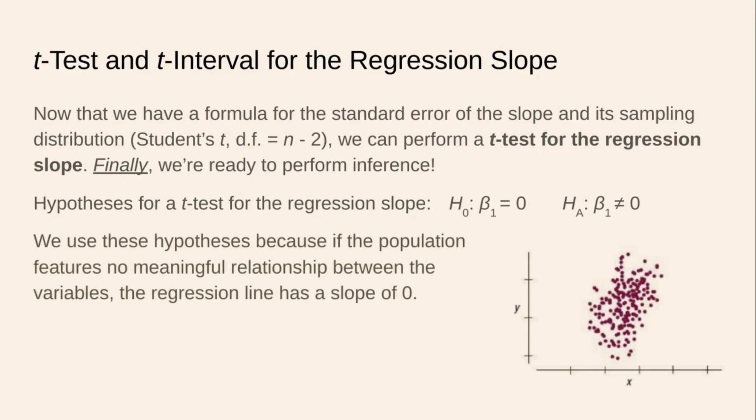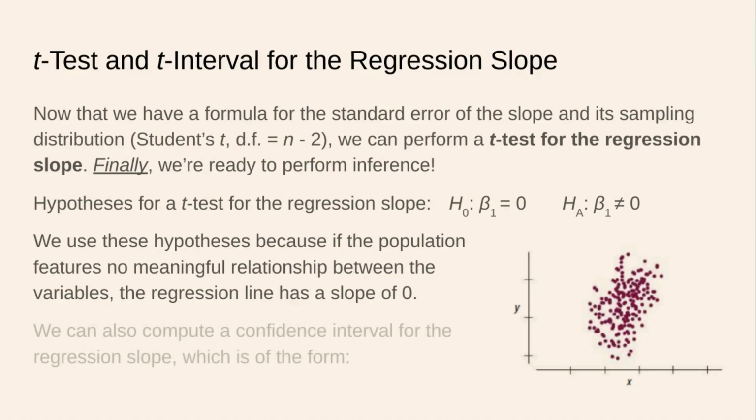We use these hypotheses because if the population features no meaningful relationship between the variables, the regression line has a slope of 0. For example, for these data right here, the regression line is going to have a slope of approximately 0 because this is a cloud of chaos.